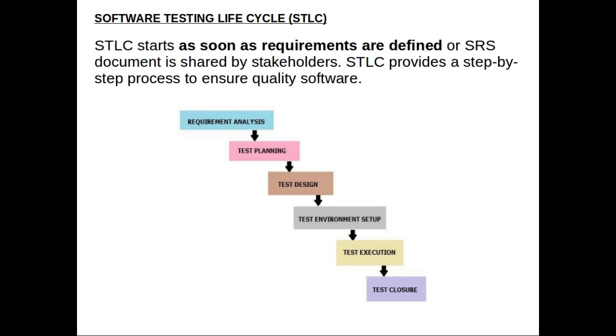STLC provides a step-by-step process to ensure quality of the software being built. The various activities of the testing process, like designing the test cases, preparing the test data, running the program with test data, and comparison of the results with the test cases, are performed based on these software testing life cycle stages.